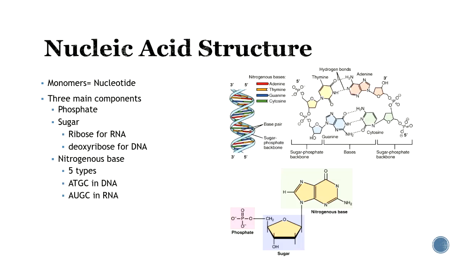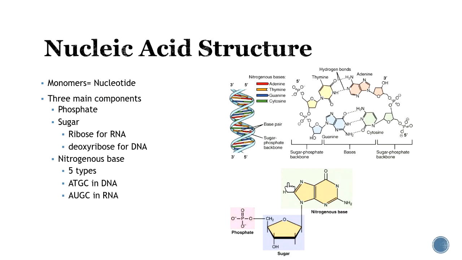So let's talk about the monomer first before we talk about the polymer. So the monomer for the nucleic acids is called a nucleotide, and it's going to have three main components. You're going to have a phosphate, a sugar, and depending if you're DNA or RNA, it's going to be ribose or deoxyribose, and then a nitrogen base.